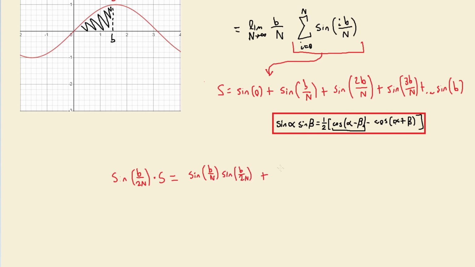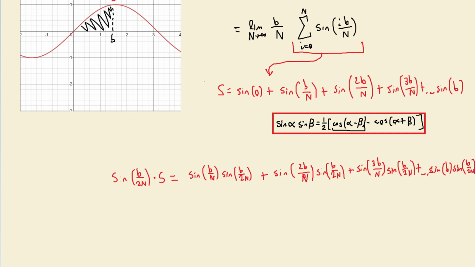For my next term, I'm going to get sine of 2B over N times sine of B over 2N. Then for my next term, sine of 3B over N times sine of B over 2N. And then for my last term, what am I going to have? Well, I'm going to have sine of B times sine of B over 2N. And so this is the last term.